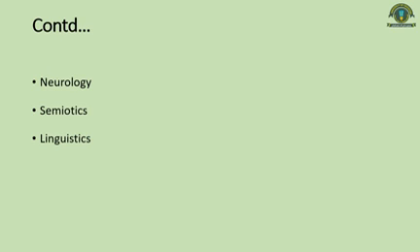The third approach is neurology. Students, psychologists take a macro view of mental states and processes, whereas neurologists, on the other hand, want to know how these states and processes are implemented.